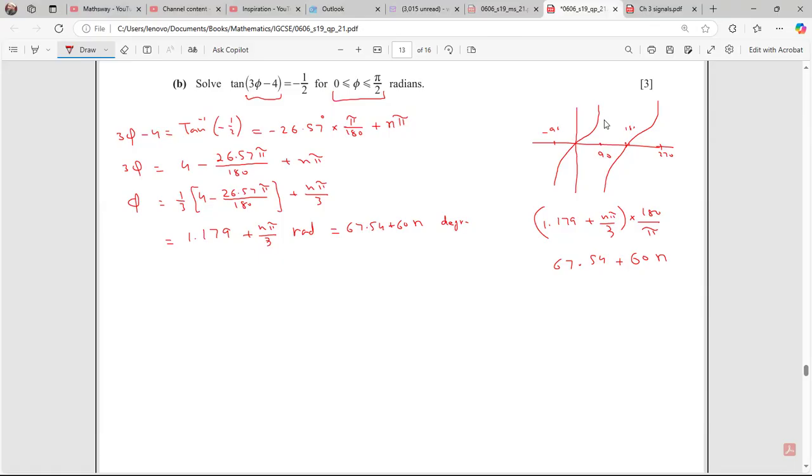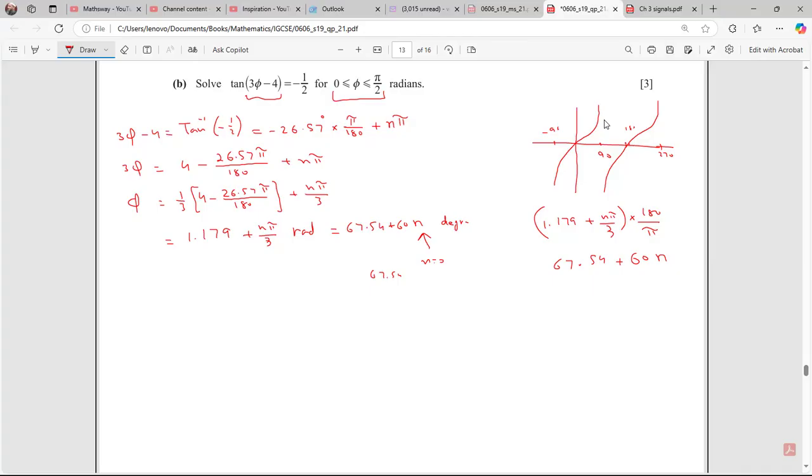right? Okay, my answer should be between 0 and 90 degrees. So there's only one answer when n is 0. When I put n equal to 0, my answer is 67.54 degrees, which is between 0 and 90. And if I add 60 to it, it will be beyond this range.